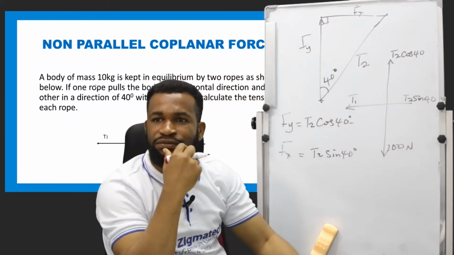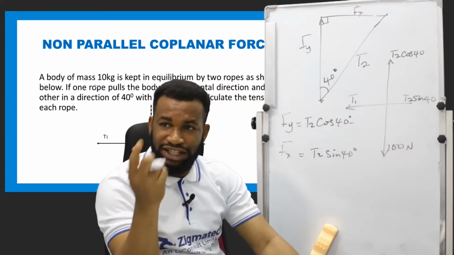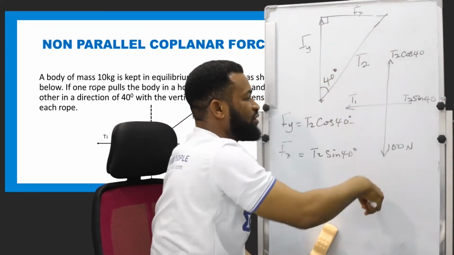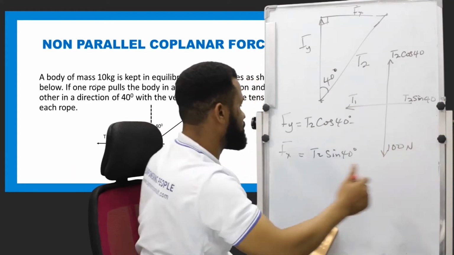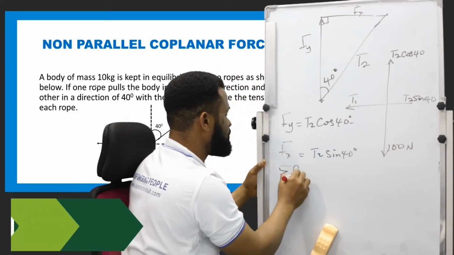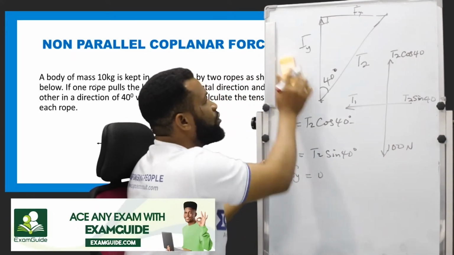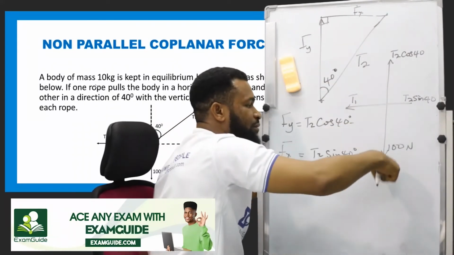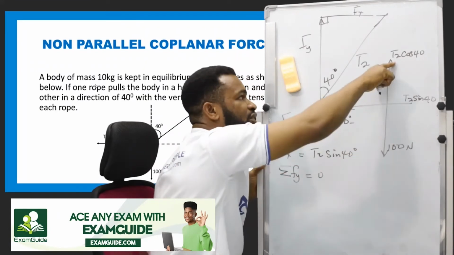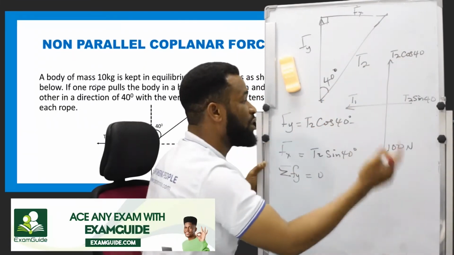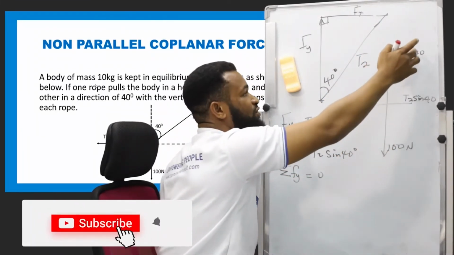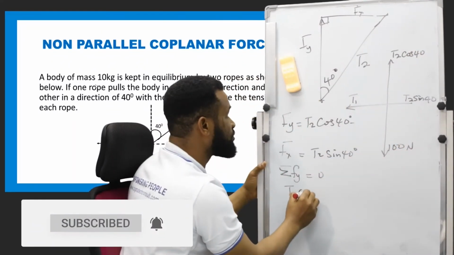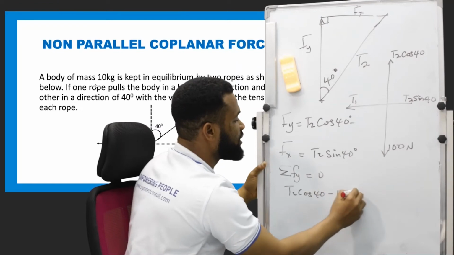Now for me to be able to find the tension in each rope, I'm going to say that the upward force minus the downward force equals 0, because that is going to be my Fy equal to 0. So I'm going to consider only these vertical ones. T2 cos 40 minus 100 equal to 0.